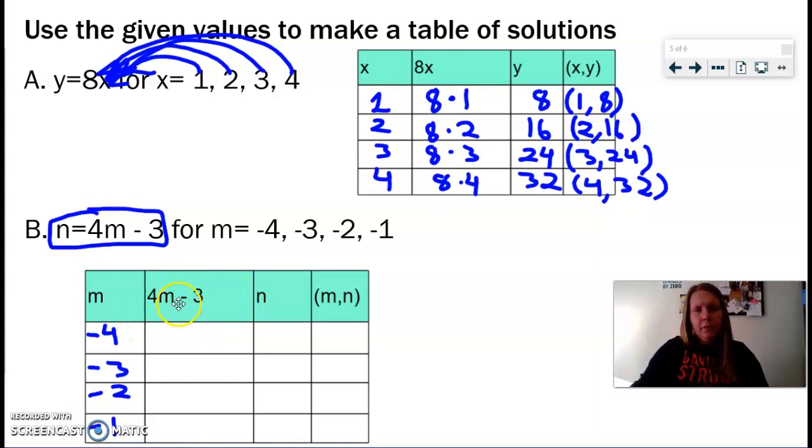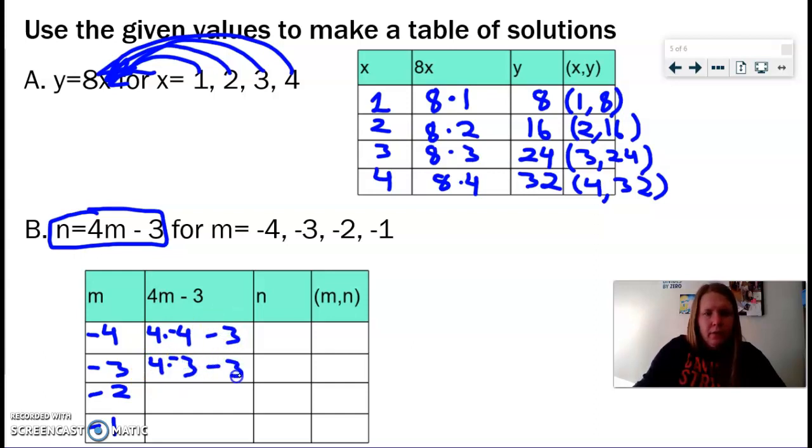Now I'm going to plug it in. Using my substitution, I'm just going to plug this in for m here. So 4 times -4, and then subtract 3. 4 times -3, then subtract 3. 4 times -2, then subtract 3. 4 times -1, and then subtract 3. Remember, I have to do this multiplication part first.